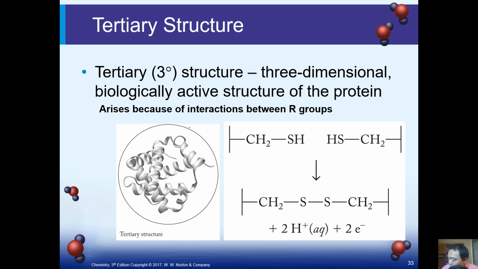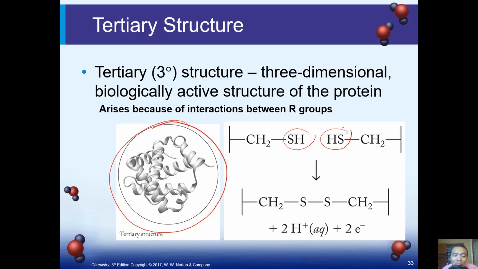So in this structure, some portions of the structure are pretty close, because the side chain, for example, of the cysteine group, which has an SH, can actually undergo a reaction that will connect the 2 sulfurs.